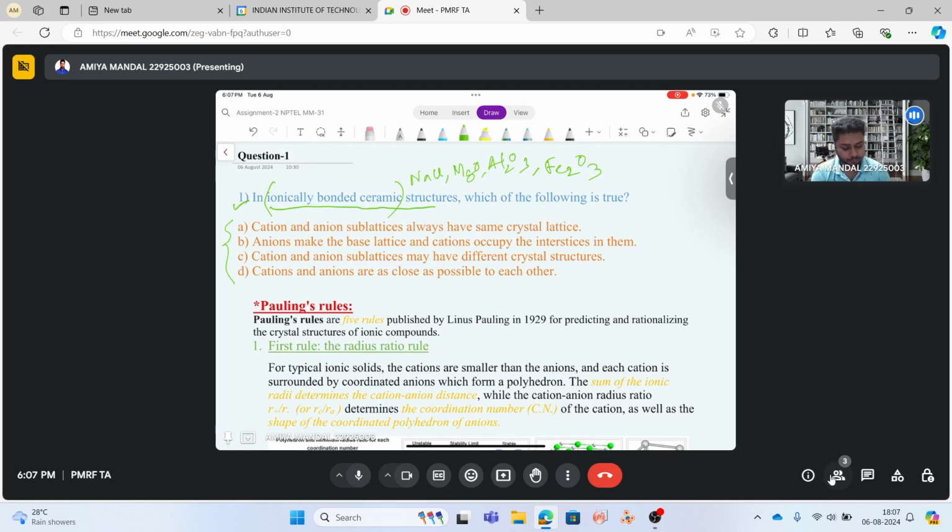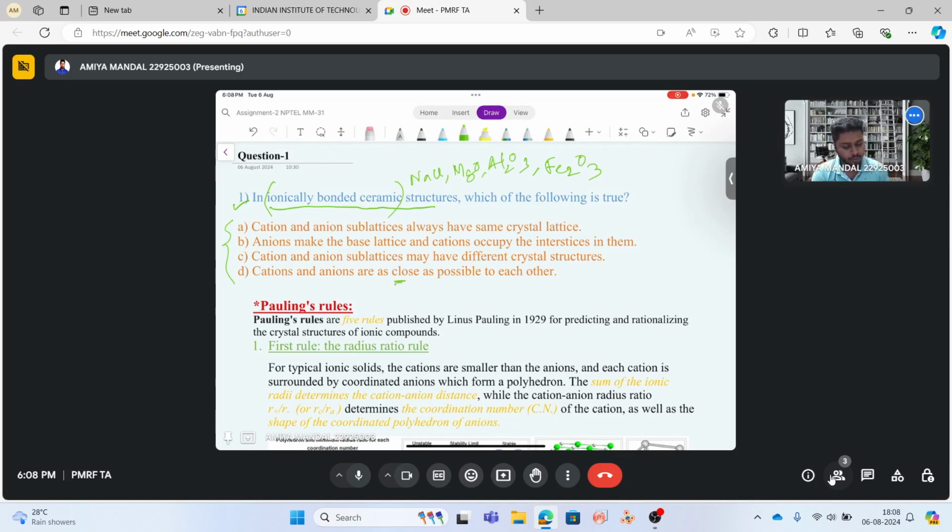It talks about the cation and anion sublattices: which positions the cations and anions occupy, how they are arranged, and how closely they are packed.